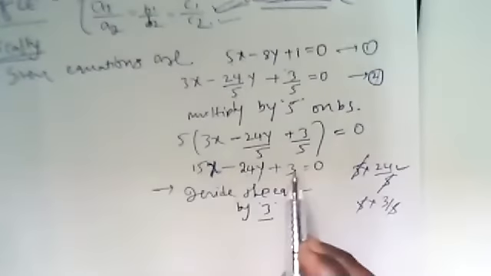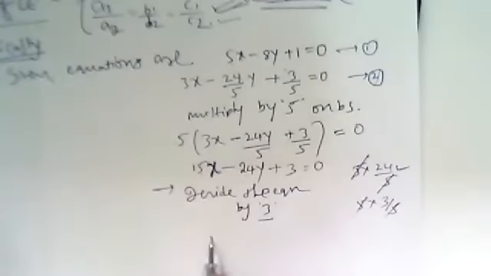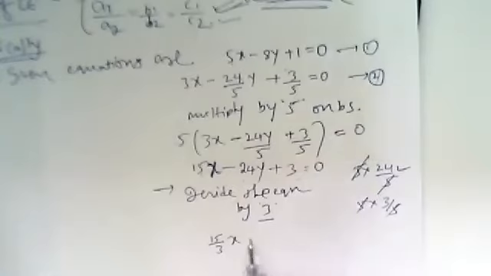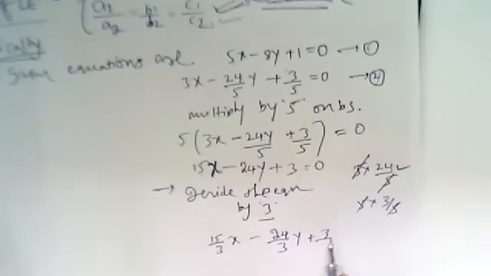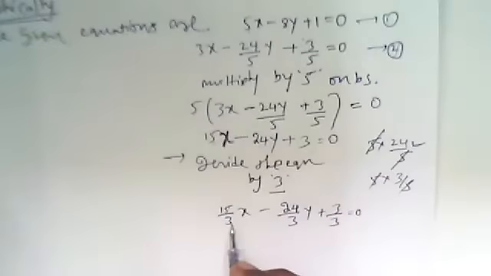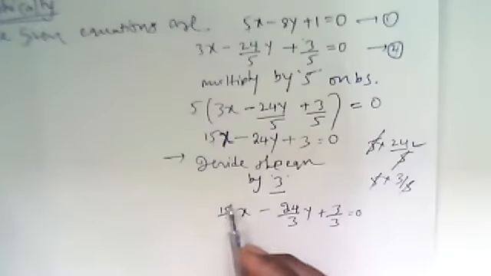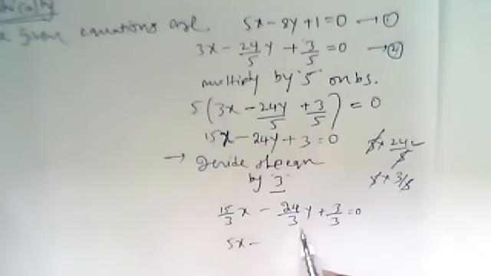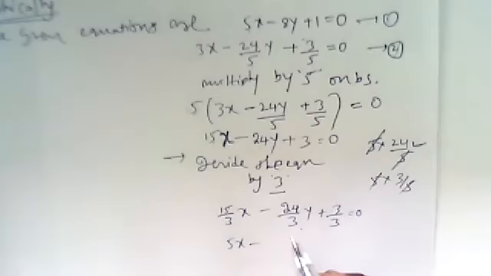Okay, what happens when the equation is divided by 3? 15 by 3 x minus 24 by 3 y plus 3 by 3 is equal to 0. 15 by 3 is 5, that is 5x, minus 24 by 3 that is 8y, plus 3 by 3 means 1, that is equal to 0.